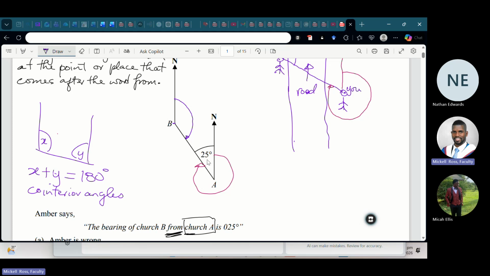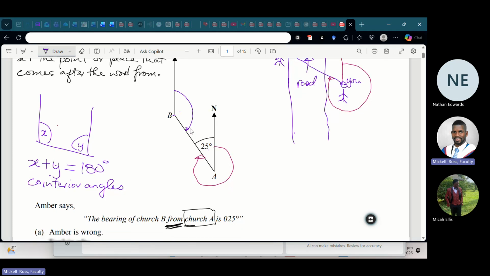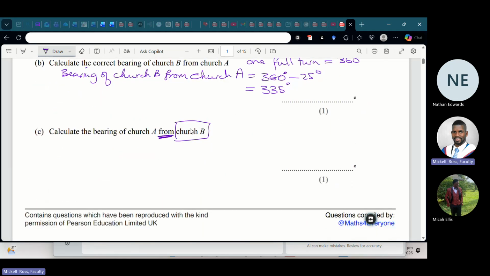So I know this one to be 25 because both of them are on the inside. All right, so notice they are both on the inside. So one is here on the inside. So they are co-interior angles. So the bearing of church A from church B is equal to 180 minus 25.